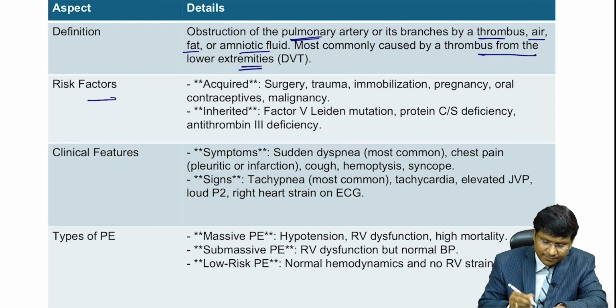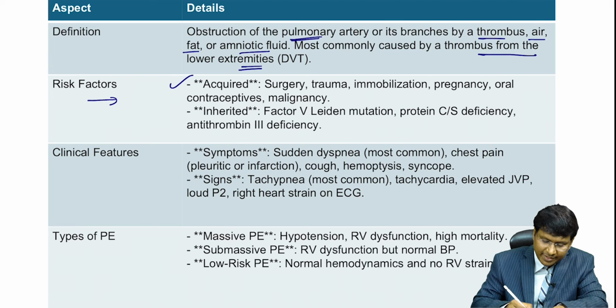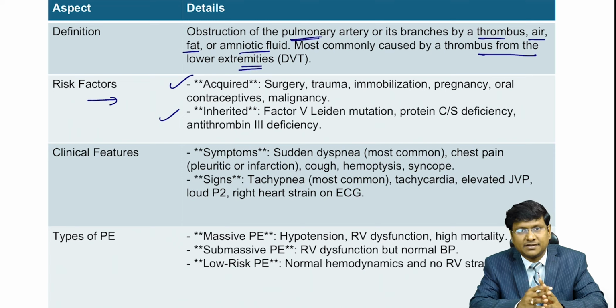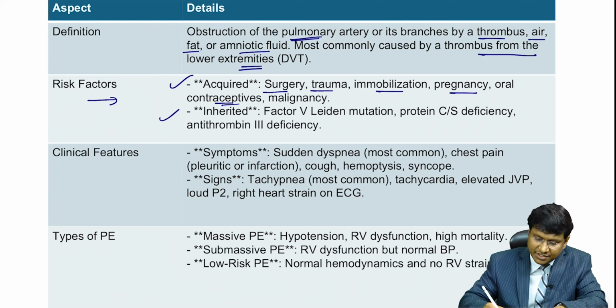Then what are the risk factors for the development of pulmonary embolism? We have acquired as well as inherited risk factors. The acquired risk factors include surgery, trauma, immobilization, pregnancy, and oral contraceptive pills which are rich in estrogen, right?